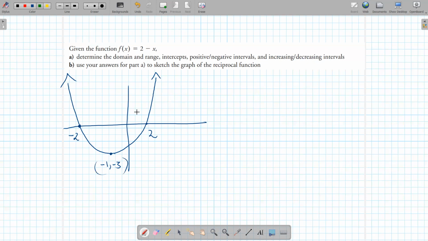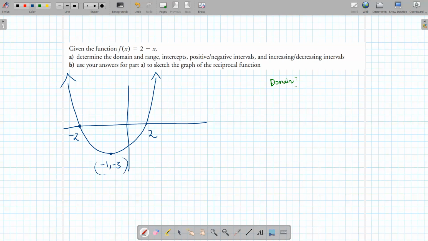What type of graph is this? Which function does it represent? Is it linear? No. So what is it? X to the power of what? It's a quadratic, right?